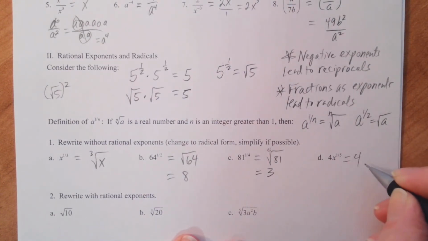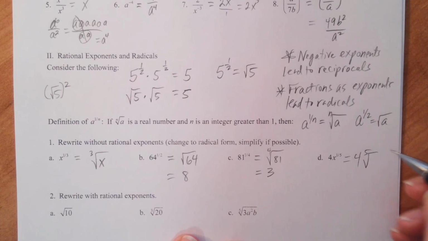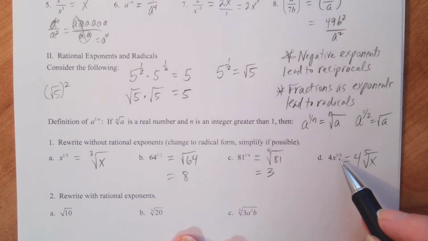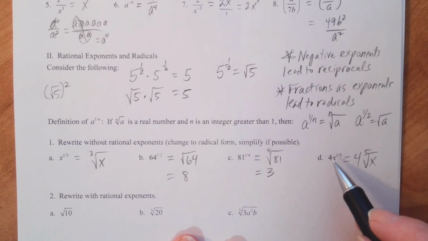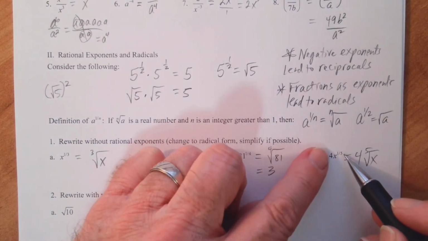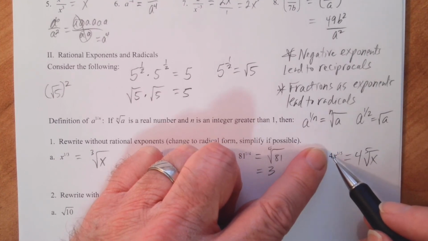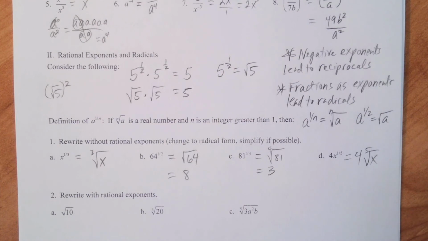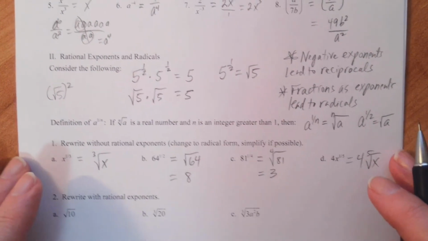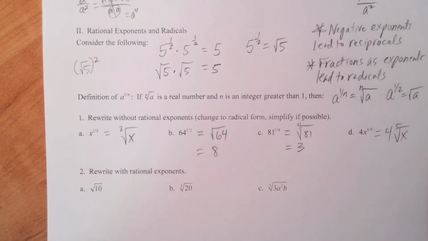This is 4 times the 5th root of x. Remember, the denominator gives you the root. Now, keep in mind, this exponent only goes with the x since there's no parentheses here. An exponent only goes with the number it's next to or the letter it's next to. If you want it to apply to more, you need a parenthesis. And so that would be our answer there.